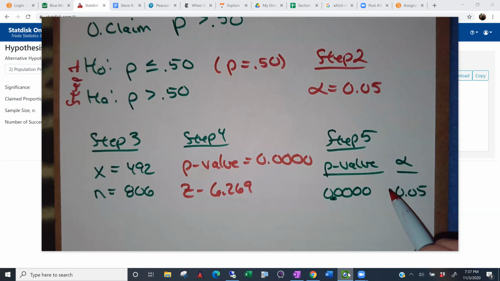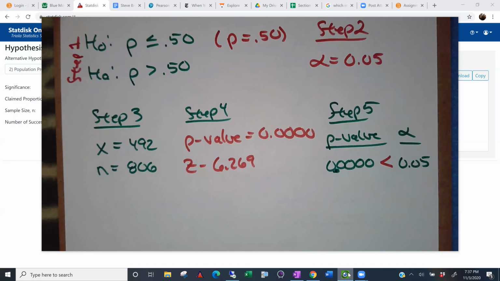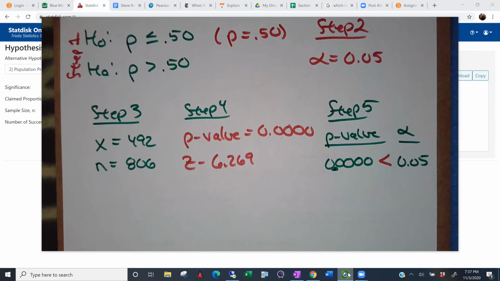What symbol is going to go in here? Less than or greater than? Less than. What's that say our decision is? What are we going to do with our null hypothesis? Got to look back. That's okay. I'm glad you're looking back. If the p-value is low, finish my sentence. Reject it.